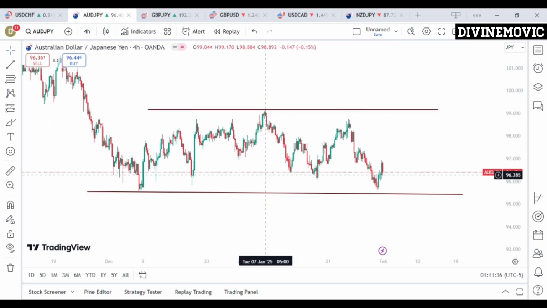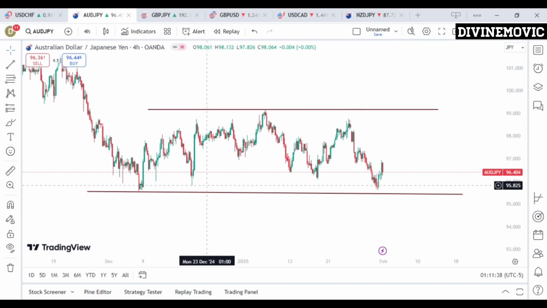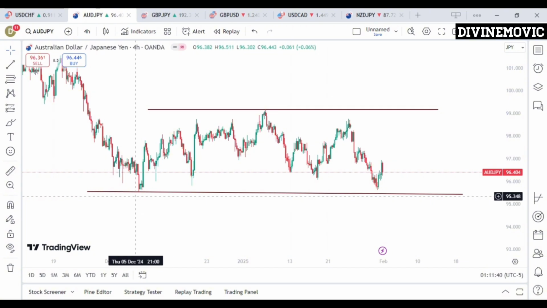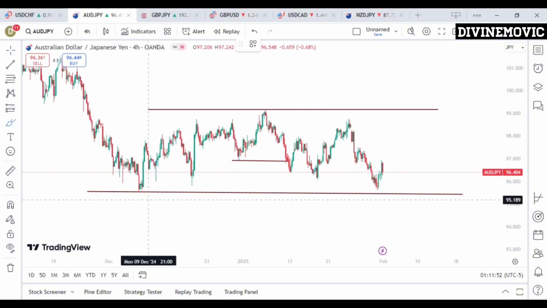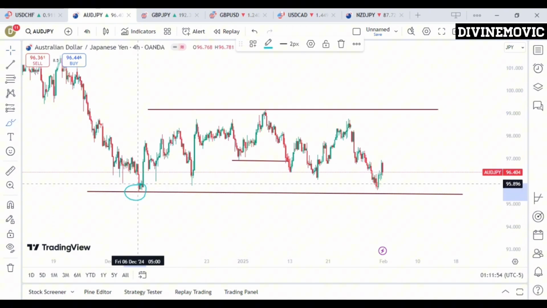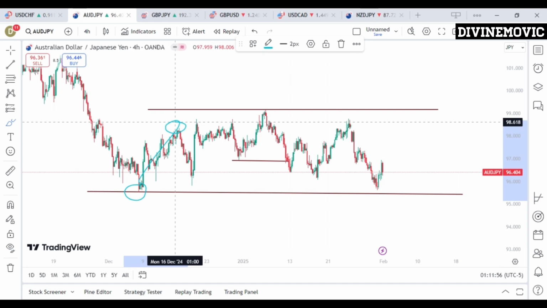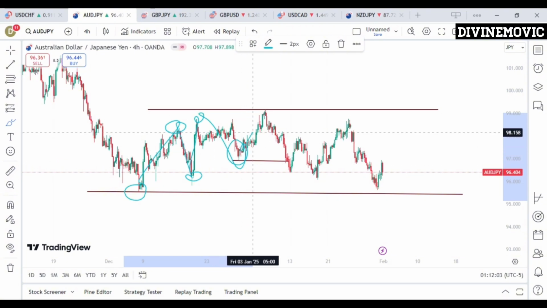Now, if you look closely, you will see that when price got to this low here, price was giving us higher highs and higher lows up until price got to this point and gave us a change of character. Let me use the marker to show you again so you see it clearly: this is a low, this is a high, this is the low, this is the high, and this high gave us a change of character.